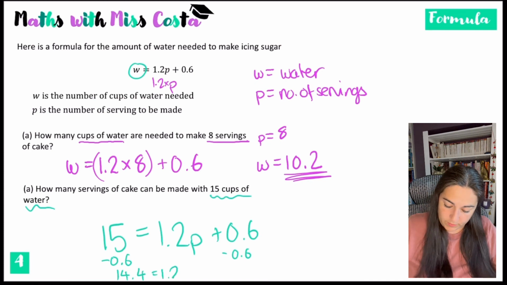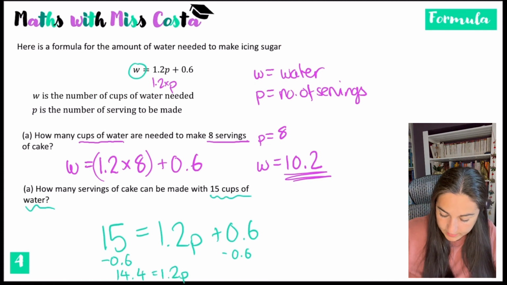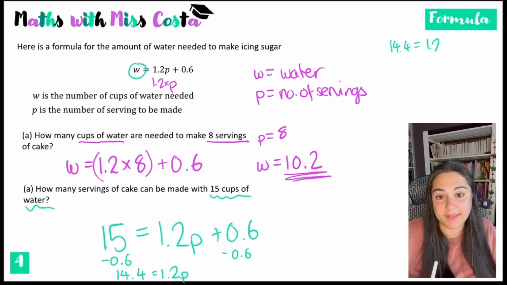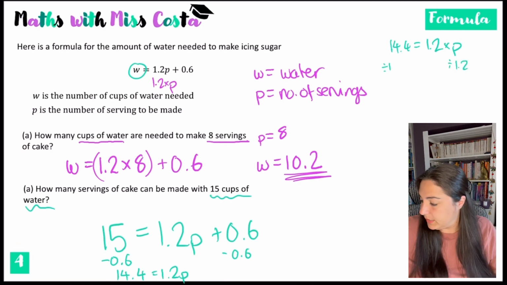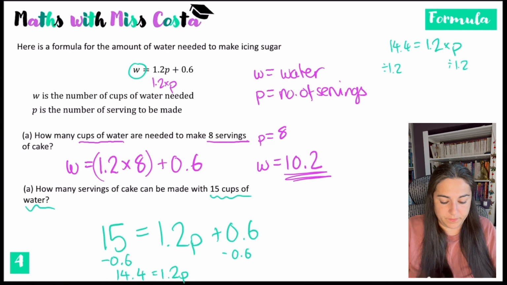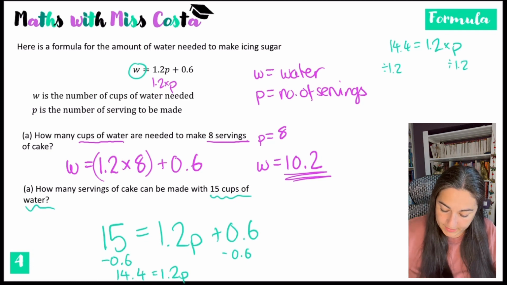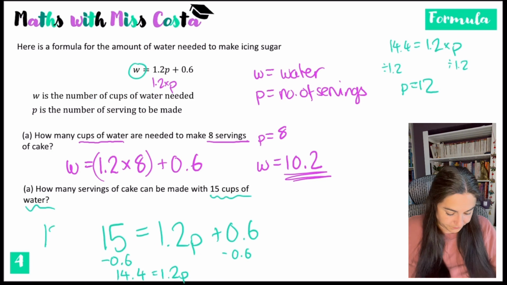What does 1.2p mean? It means 1.2 multiplied by p. So the inverse to get p on its own is we divide both sides by 1.2. And then 14.4 divided by 1.2 is 12. So p would be 12. So therefore, how many servings of cake can be made? 12.